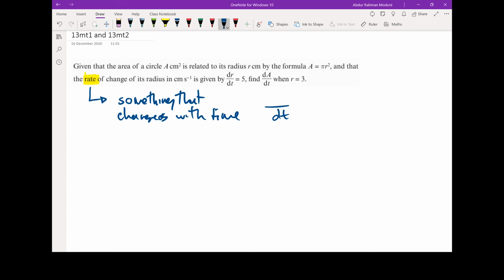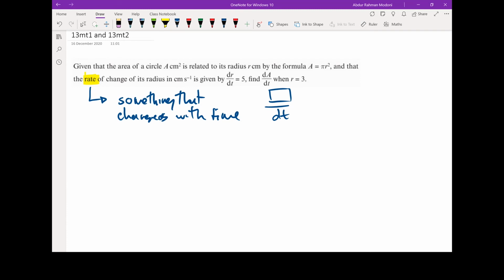That's what we expect it to be. If they say the rate of change of radius, it will be dr by dt. If they say the rate of change of area, it will be dA, A representing area, by dt. So we need to understand that rate means something changing with time. That's very important to understand.